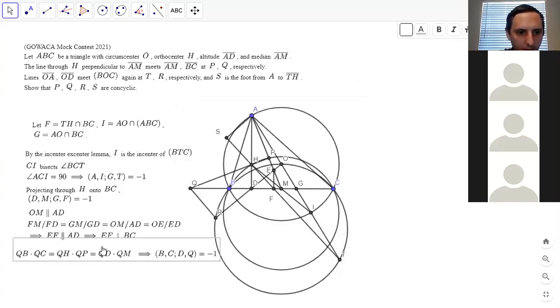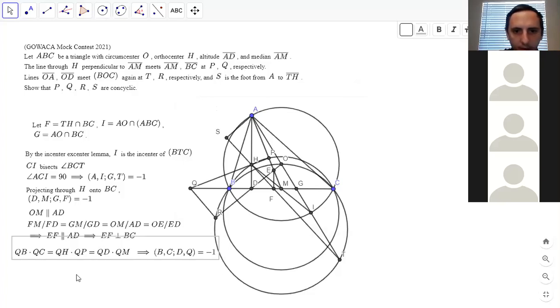And then projecting through, so we know RD bisects angle BRC.